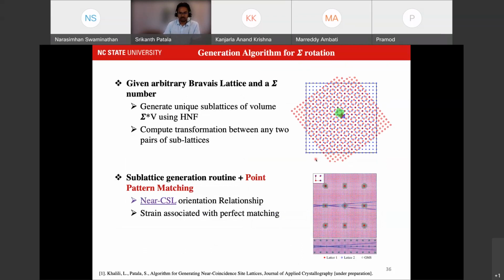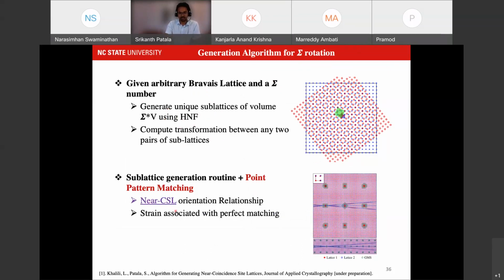So a quick summary of this technique. For any given arbitrary Bravais lattice, so any low symmetry system, and a given coincidence site number, we can generate these unique sublattices using the Hermite normal forms and compute the transformation between any pairs of sublattices using this point pattern matching technique.